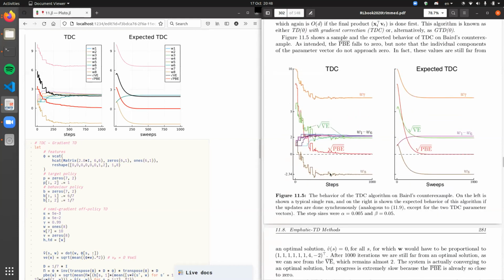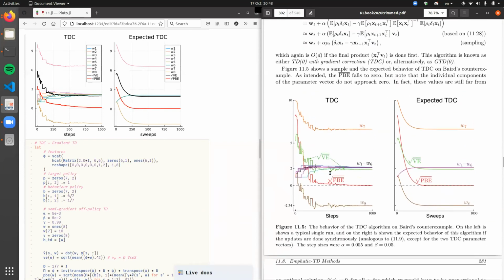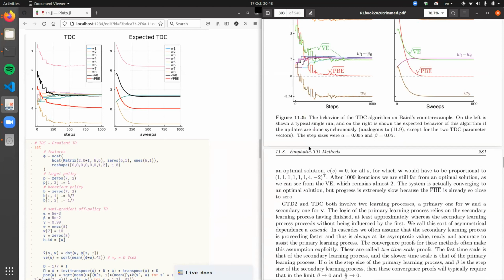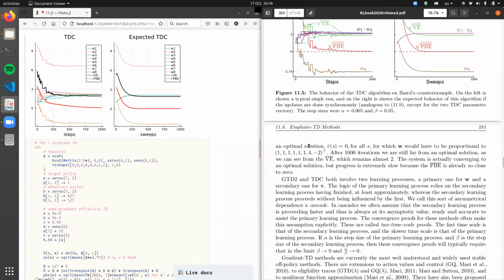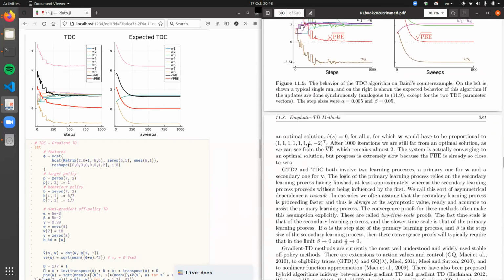Here in the book, they claim that it should converge to 0 eventually, but probably that will take an enormous amount of running time to converge.